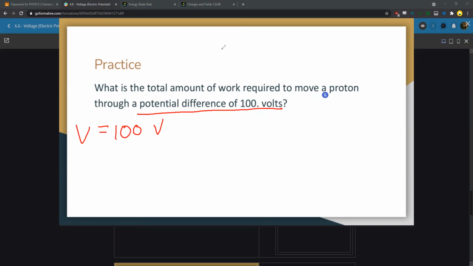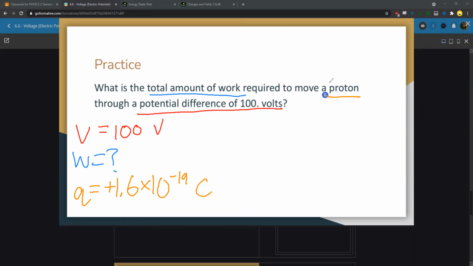Okay, what else do we know? W is question mark. You're trying to find out what your W is. Q, how do you know? Actually, I already spoiled it. You know your charge is 1.6 times 10 to the negative 19 because it's a proton.